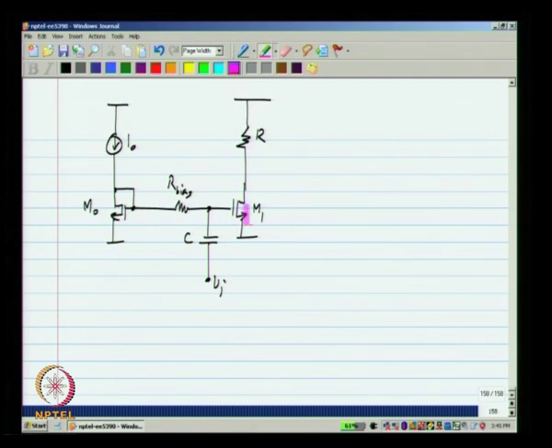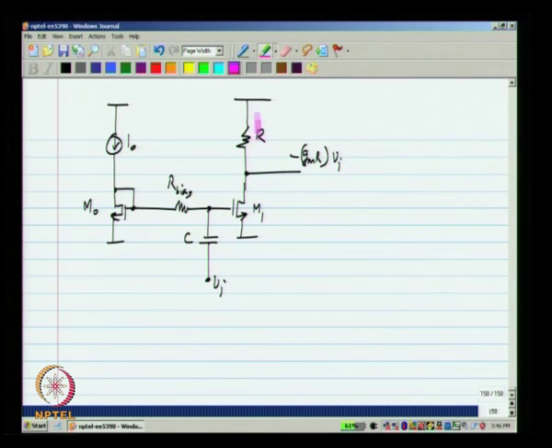Now, this is biased at a constant current I naught. So, the gain minus GMR from Vi to the output will not be affected too much by the changes in threshold voltage and mobility of M1.